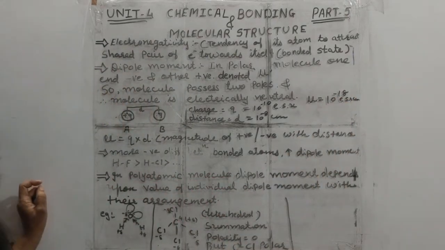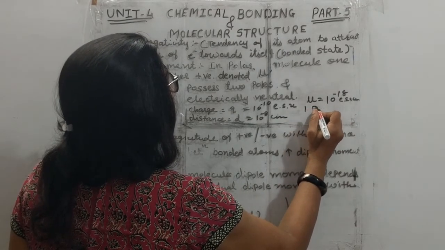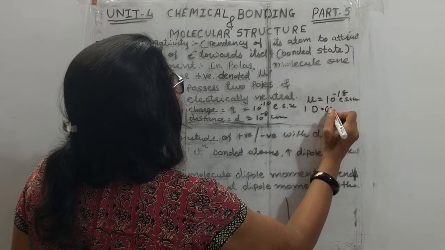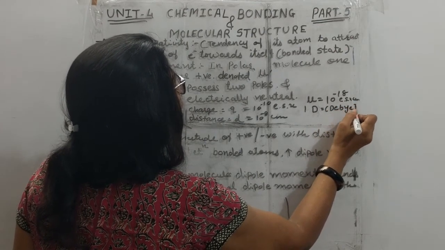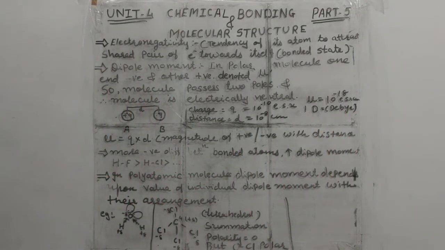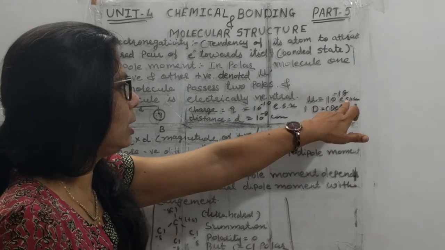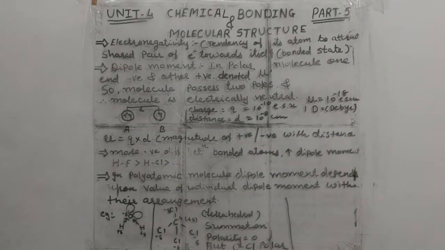ESU centimeter, and it is known as 1 D, capital D, and D stands for Debye. We consider it as 1 D. 1 D is equal to 10 raised to minus 18 ESU centimeter, and that is the dipole moment.